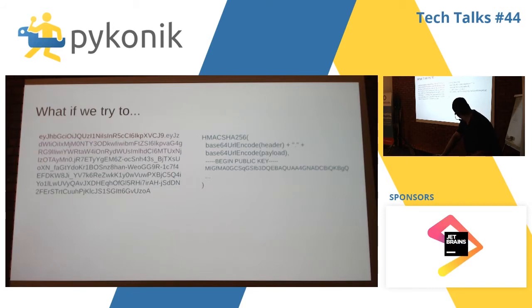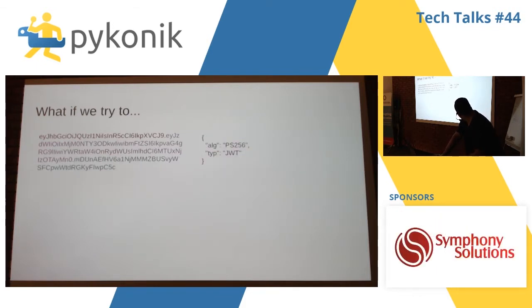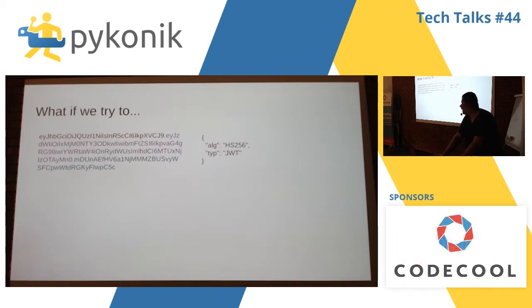HS256 is a symmetric algorithm. It's not asymmetric. So there is the new signature, and now let's change the algorithm used to the symmetric one. Who knows what will happen now?